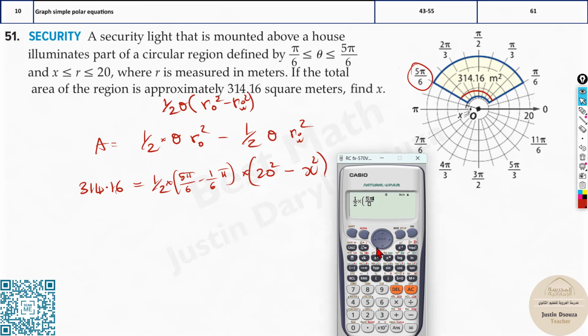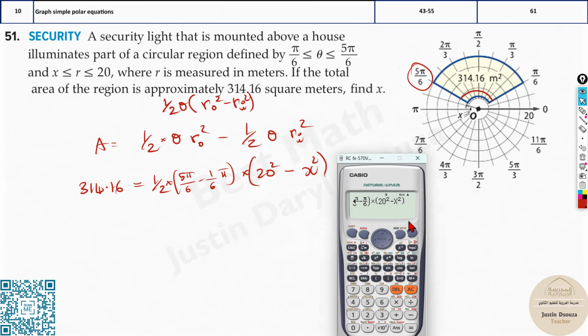It's 5 pi divided by 6 minus pi by 6. Or you can write 1 pi by 6, it's the same thing. Or you can write this answer 4 pi by 6 as well. Then this is all multiplied. Remember, when we have subtraction over here, put a bracket. Make sure you put the brackets properly. And here it's 20 squared minus x squared.